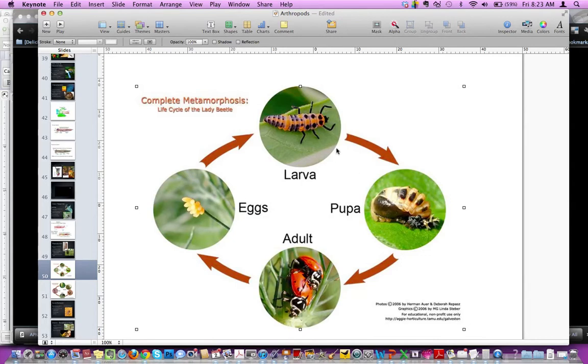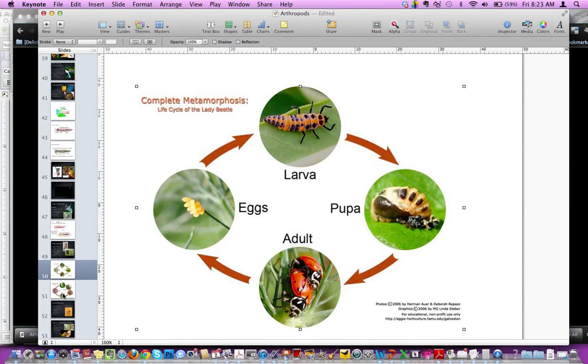The organism is growing inside, but it's got this hard protective case on the outside. And that's where it's growing and developing. And what happens is it has to eat a lot in its larval form for this development to take place. Okay, and then finally it hatches and you have the adult. So again, this is complete metamorphosis because it goes through a complete change. This baby, this larvae, does not really look anything like this adult.